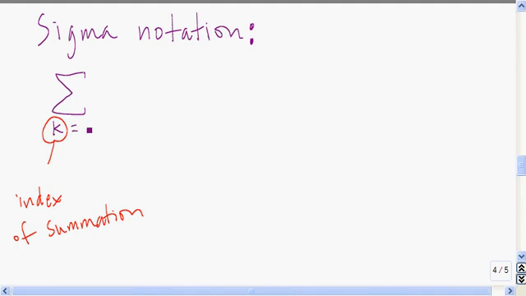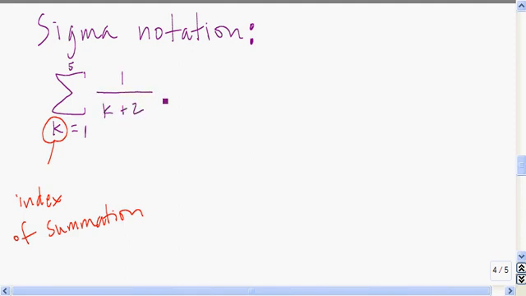Lots of times it's 1. That is called the lower limit, and then we have some number up here, say maybe 5. That's your upper limit. And then what you're going to see here is a formula. So maybe it's 1 over k plus 2.